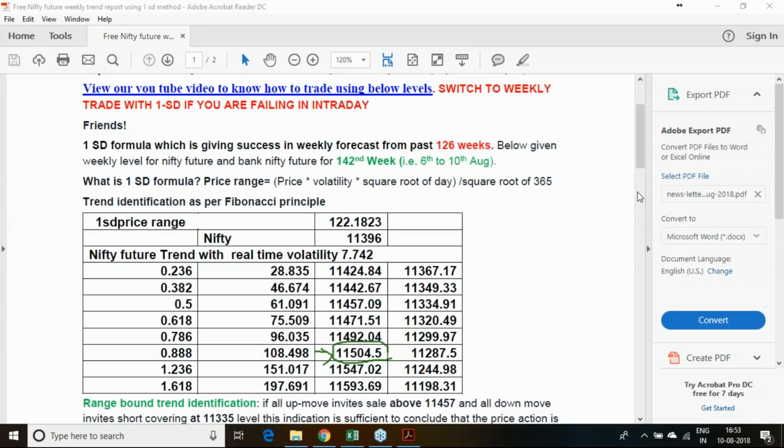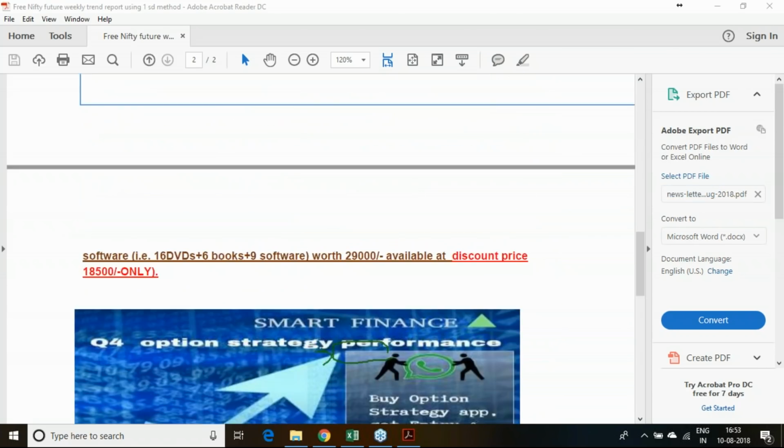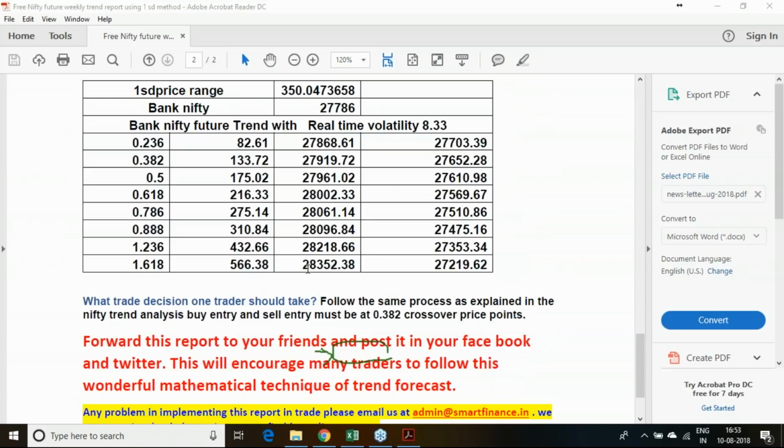In the same way I have specific arguments for Bank Nifty. Why was there a reversal from 28,385? Some 20 to 30 points above that it started, because the base is very huge. It is a 28,000 base.